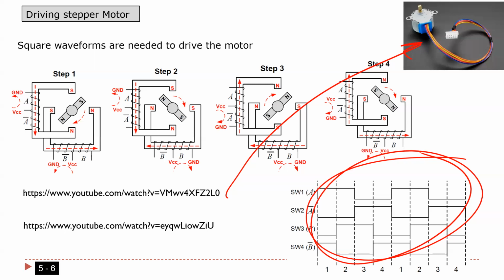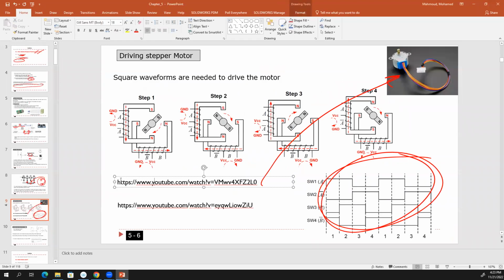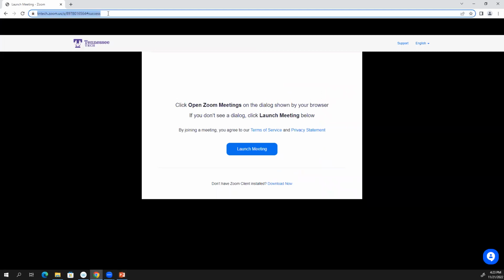With the help of the hardware, most of the work can be done by the hardware, so I take very little time from the CPU and the CPU can do a lot of things. Anyway, maybe I'm going to go quickly. I'm sorry, I don't want to spend much time on this one because I have a lot of things to cover. So let's just take one of the videos and try to see.